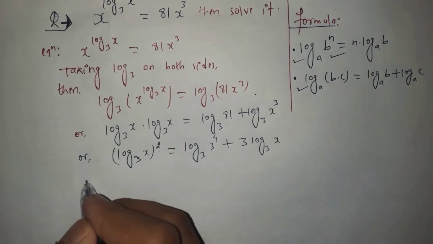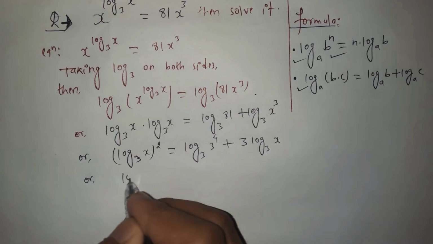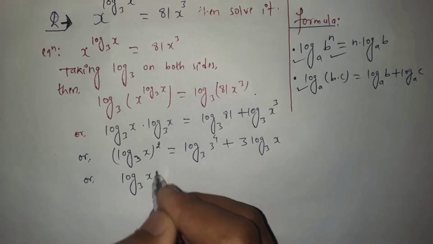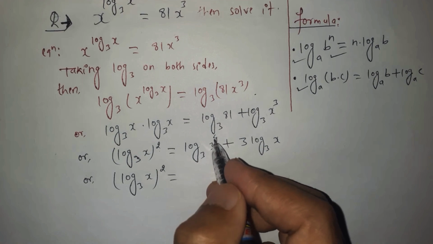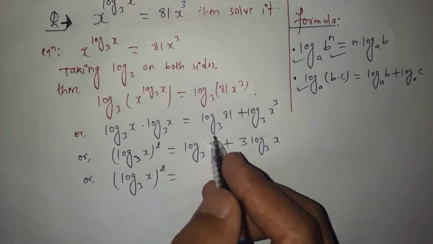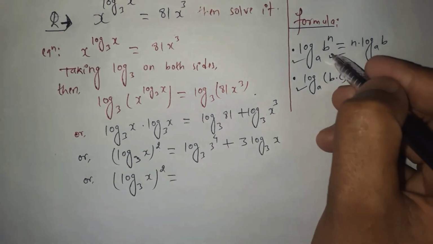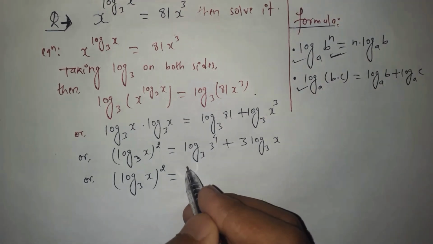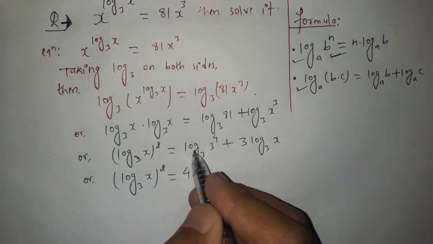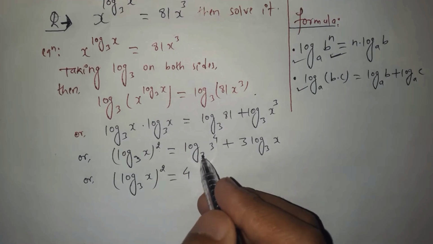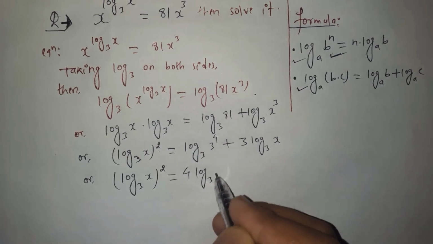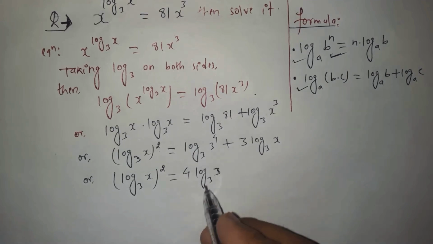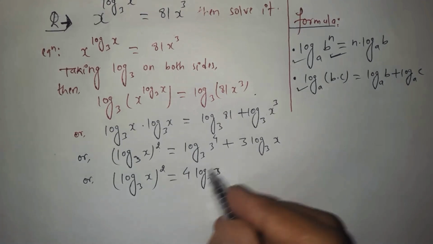Or this can be further simplified as log with base 3 of x, squared, is equal to, and then this 4 will come in the front by this formula, then 4 times log with base 3 of 3. If the logarithm has the same base and argument, then the result will be 1.